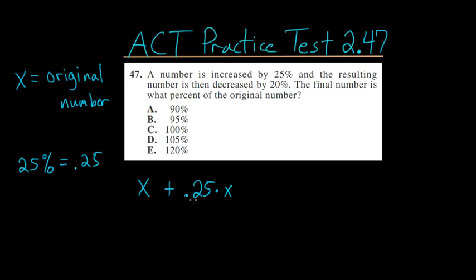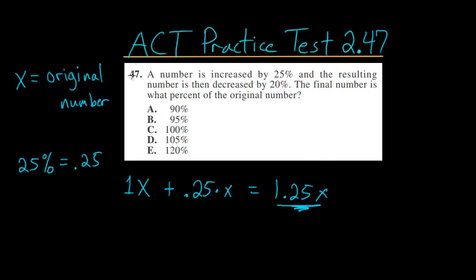So this right here is our increase of 25%. And adding x plus 0.25x, you can think of x as 1x. And we're adding 0.25x to it, so that gives us 1.25x. So this is essentially our resulting number.